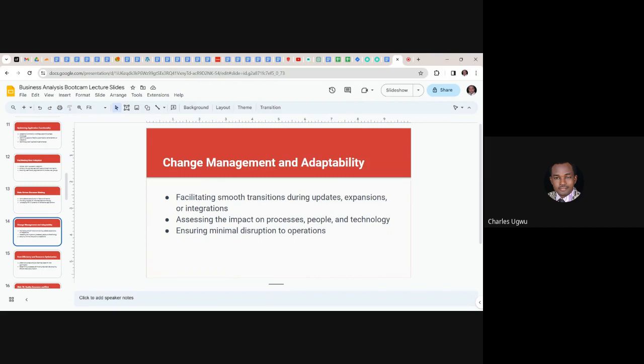You migrate the whole company's data at a go. Trickle migration is a situation whereby you start migrating data department by department, making sure that even if there is a crisis, it doesn't affect all the data in the company.